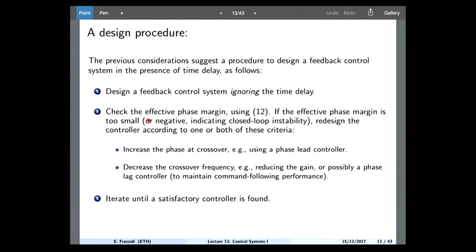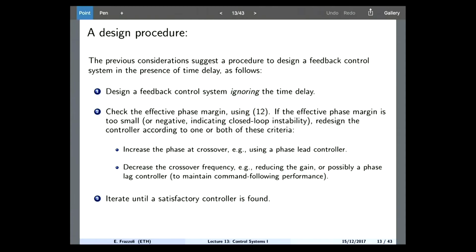And then you check what is the effective phase margin, that is the phase margin that you get by including the effect of the time delay, okay? Maybe the ideal phase margin was 60 degrees, your effective phase margin is 45 degrees, so you can say, okay, you know what, 45 degrees is still fine, and you're happy with it, and you just run with it.